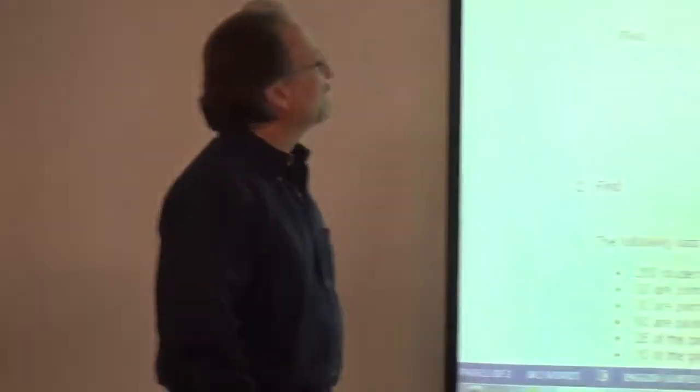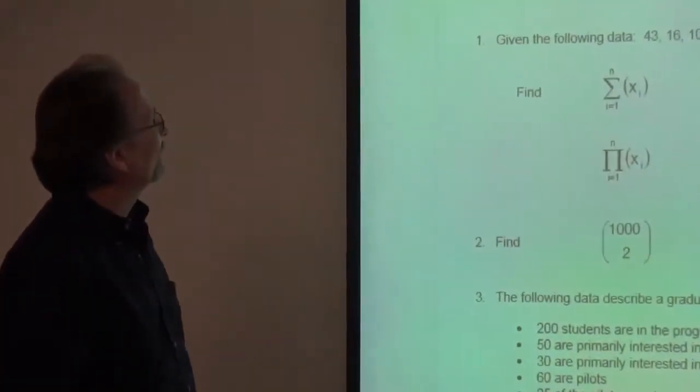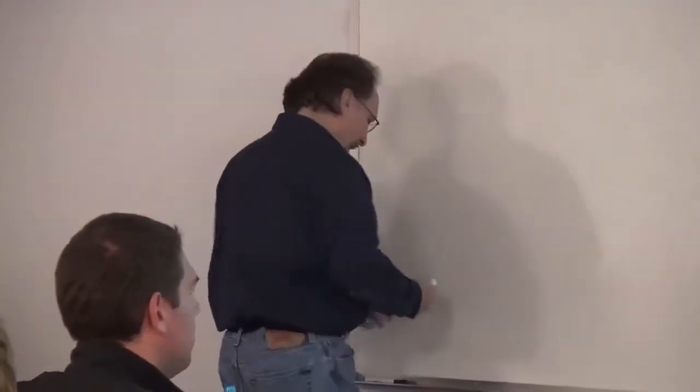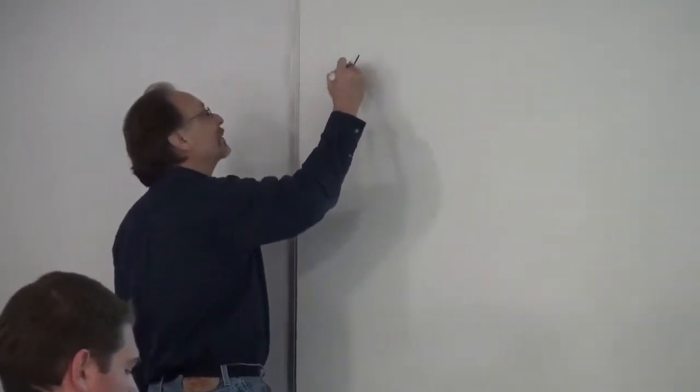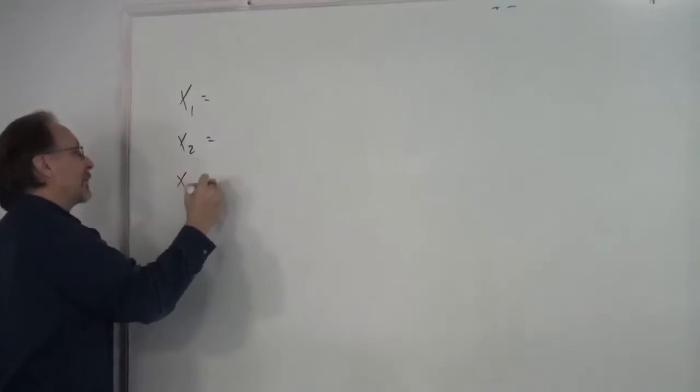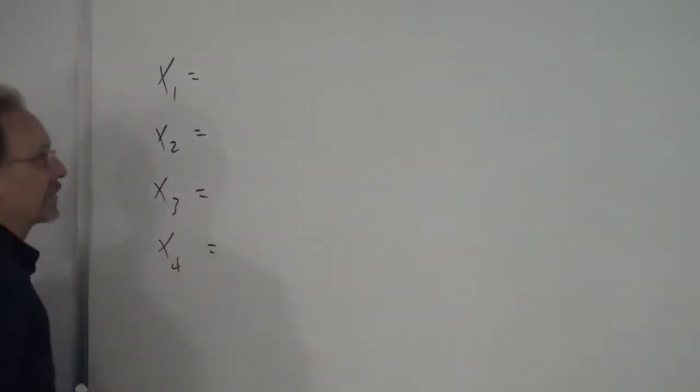I think it's a good idea to catch up on what we did from last week before we get started on the new material. This one, you could have done a number of different ways. It was just to get a little practice with summation and product signs. It's a good thing to define what x1, x2, x3, and x4 are for future reference.